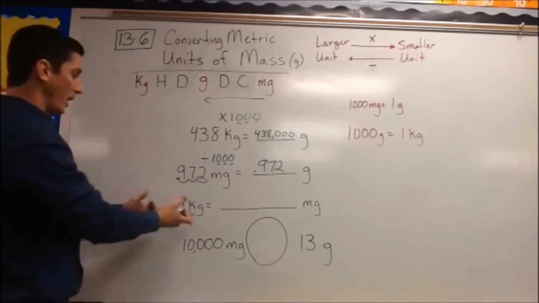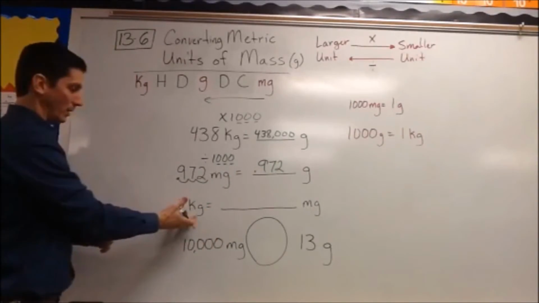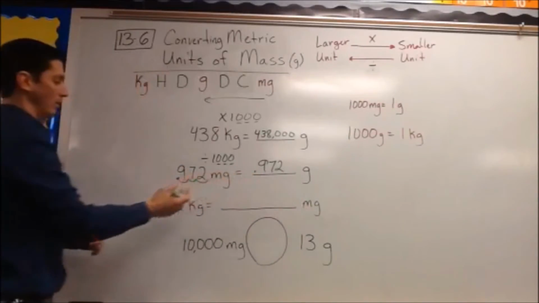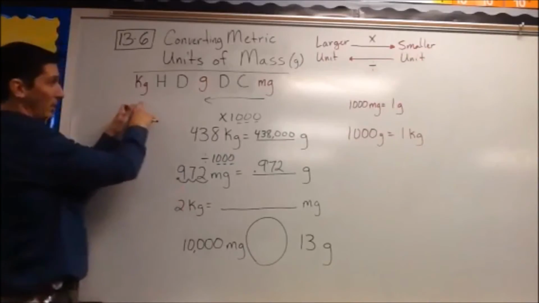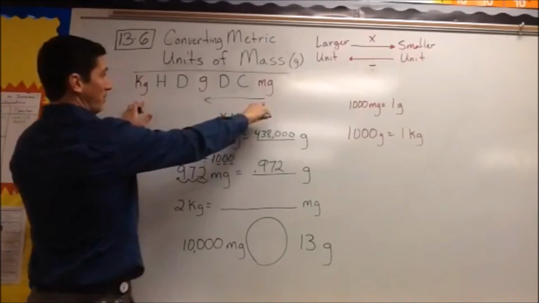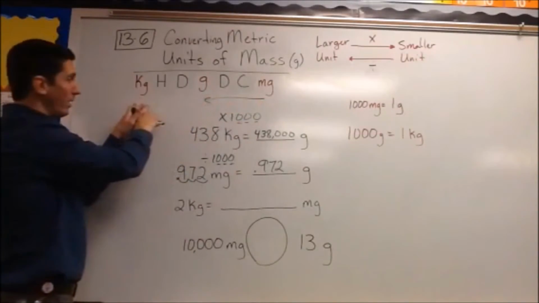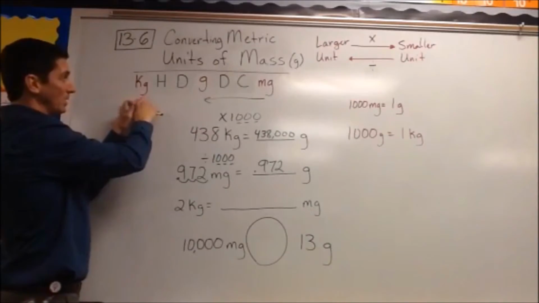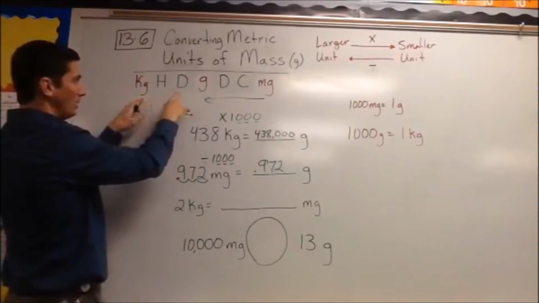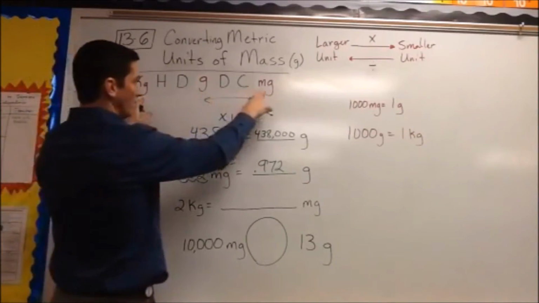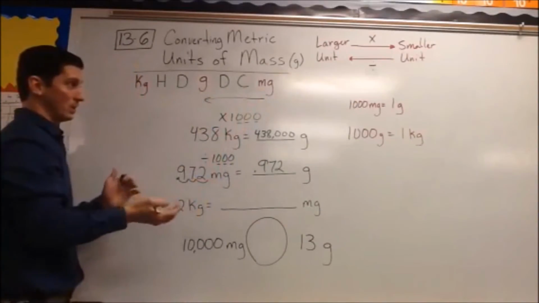Now let's look at a larger unit to smaller unit. One more. We're going all the way from here to here. That's pretty far. You remember how far that is? It's actually 1,000,000. To go from here all the way down to here, it's 1,000,000, because you have 1, 2, 3, 4, 5, 6 places, 6 zeros.